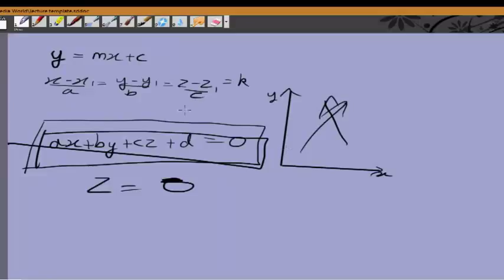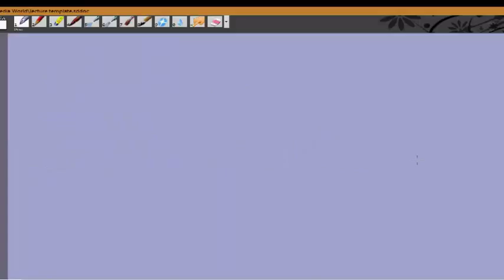Just like if you take x is equal to 5, you'll have an equation between y and z which will give me an infinite collection of points. So when you take z is equal to 0, you have an infinite collection of points which would be the xy plane.